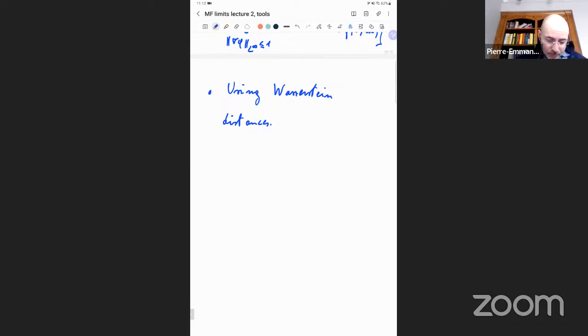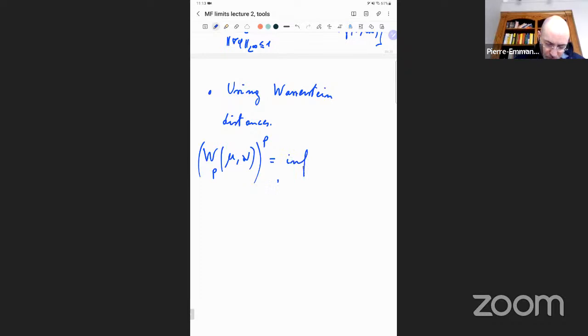If I take two measures, mu and nu on R^d, the W_p Wasserstein distance to the power p is the result of a complex minimization process.